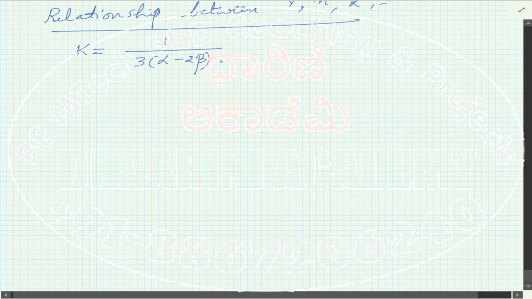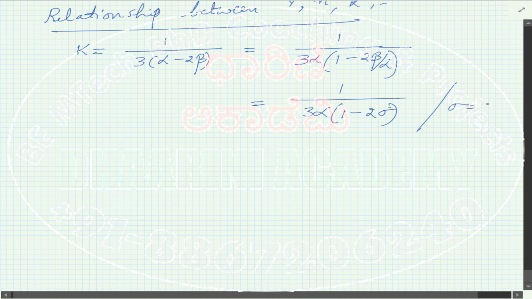This is also equal to, if you take alpha outside, let me write it in this way, 1 divided by 3 times alpha into 1 minus 2 times beta by alpha. But beta by alpha is nothing but the Poisson's ratio, which is sigma. So this is 3 alpha into 1 minus 2 times sigma.